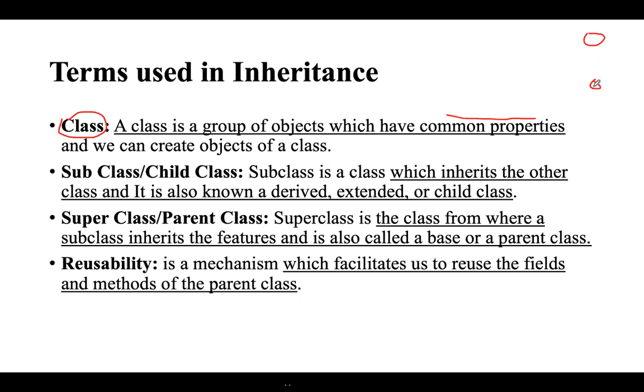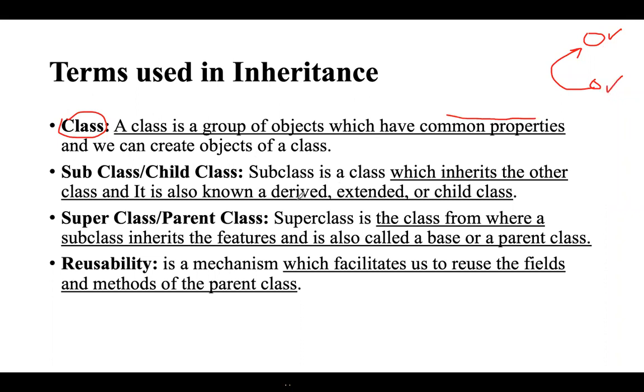If this class is trying to access the information of this parent class, then this is the child class or subclass, and this one on the upper side of the slide is the parent class, the information of which this child class is trying to access.